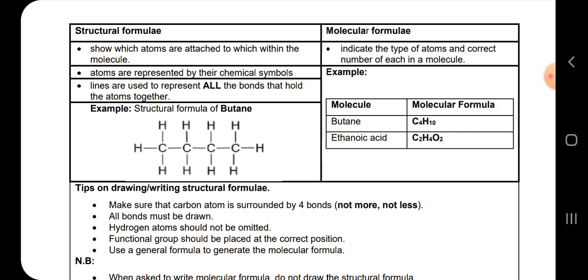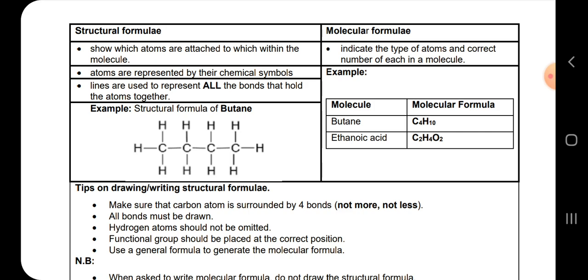With ethanoic acid, they didn't show the structure, but in that structure there are 2 carbons, 4 hydrogens, and 2 oxygens. So that is how you see the difference between a structural formula and a molecular formula. A structural formula shows which atoms are attached to which within a molecule, and atoms are represented by their chemical symbol.